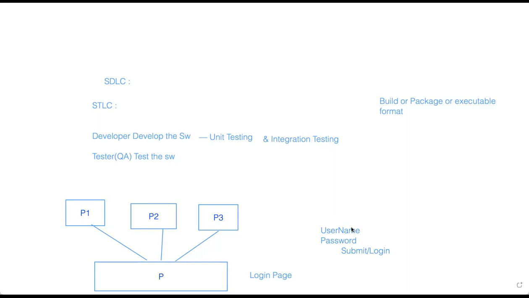Let's say on your desktop, if you want to install software like Google Chrome or Outlook, you download a .exe file, click next, and install the software, right?